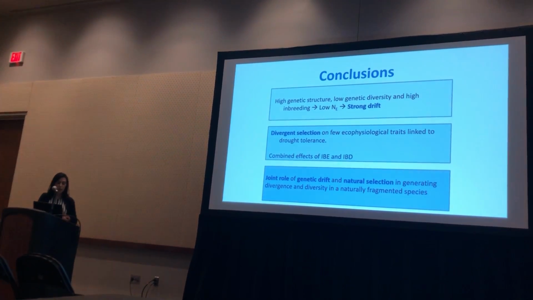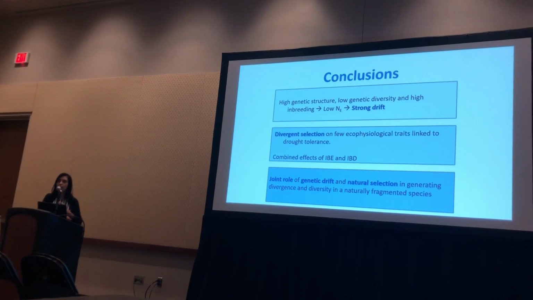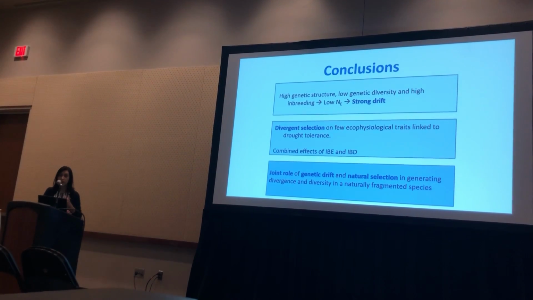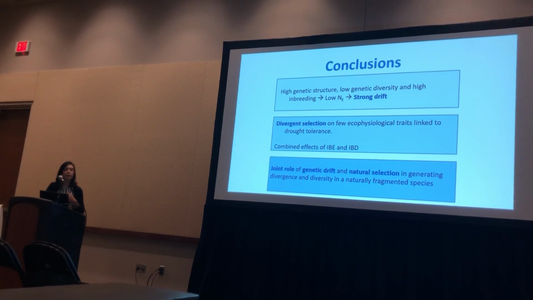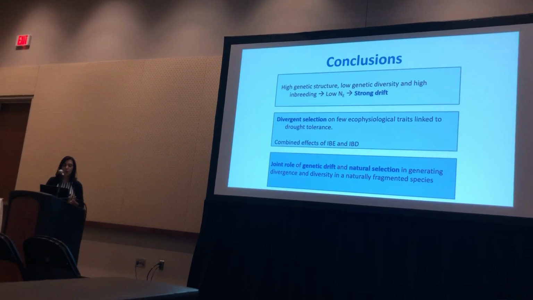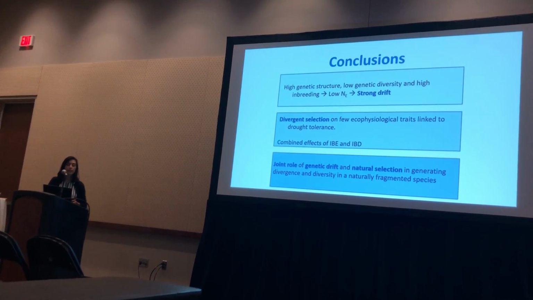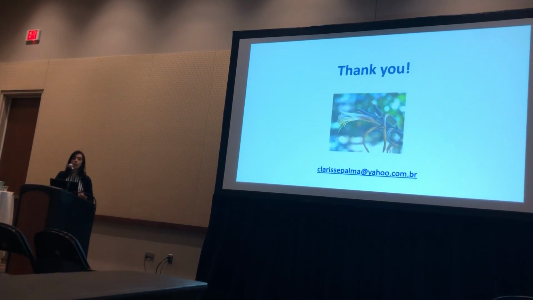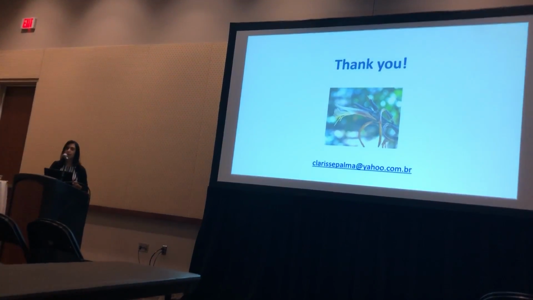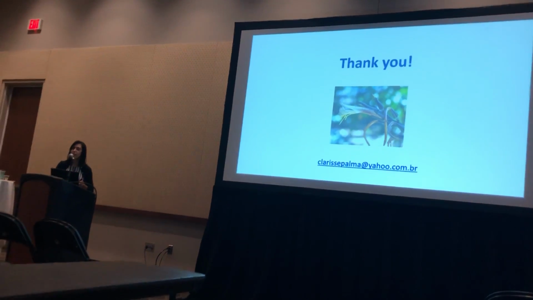Together, these results point to a joint role of very strong drift but also natural selection in generating diversity and diversification of these naturally fragmented species. And with that, I would like to thank you very much and invite you again to the poster of Barbara tonight.